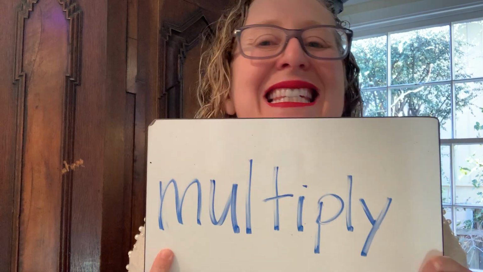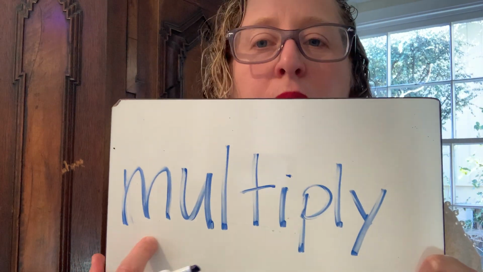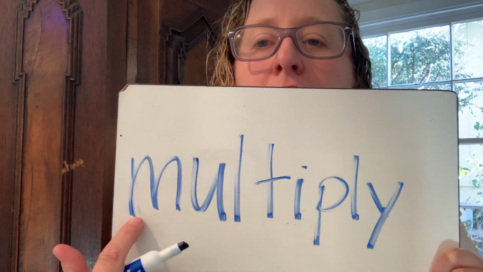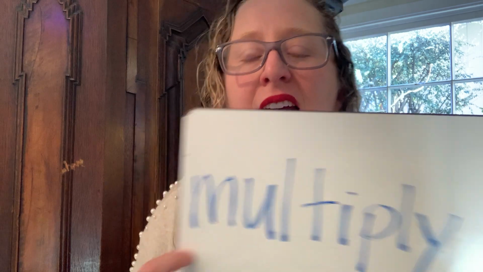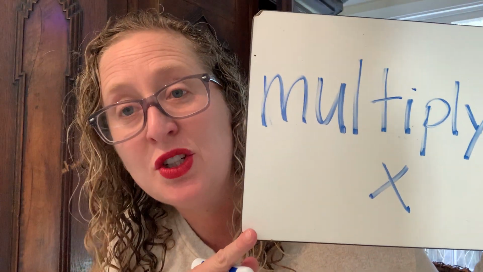Think, sound, read. Mul, let's do it by syllable. Multiply. That is times. That's a fast way to do addition. Like 2 times 2 equals 4.